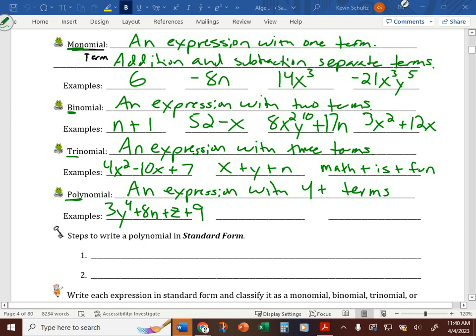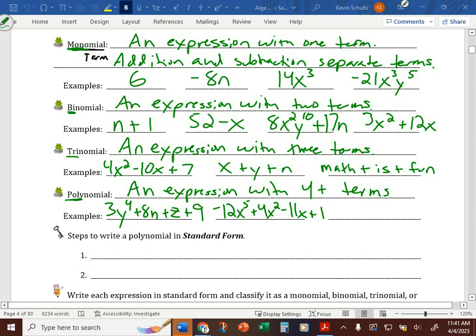Another example, negative 12x to the 5th plus 4x squared minus 11x plus 1. 4 terms there, even though we have multiple x variables, they still can't be combined because x to the 5th is different from x squared. And you can write your last one in if you would like to.